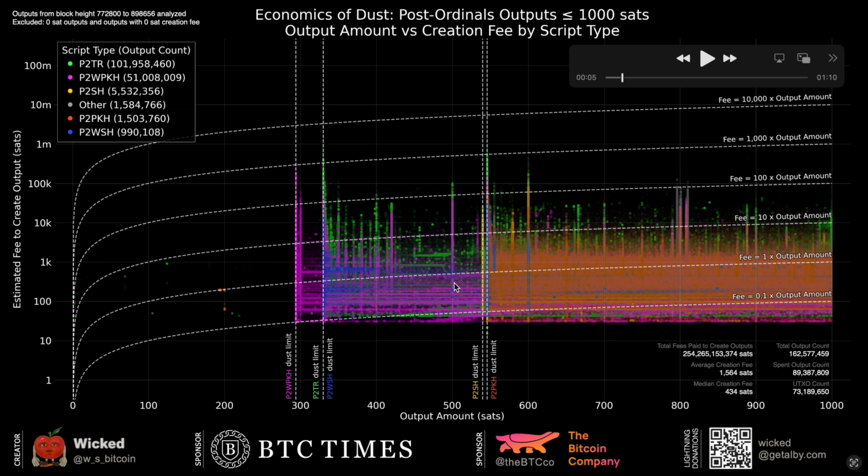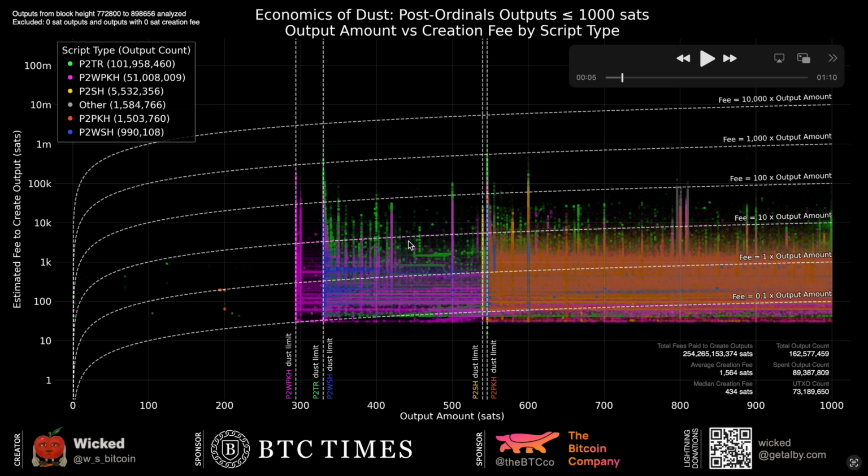So either in terms of their output amounts, like here at 500 or 600, or obviously on the dust limit lines, there are pretty dense amounts of these outputs. But then also there are some horizontal lines which indicate a propensity to create outputs at certain fee creation amounts. So that's interesting as well.